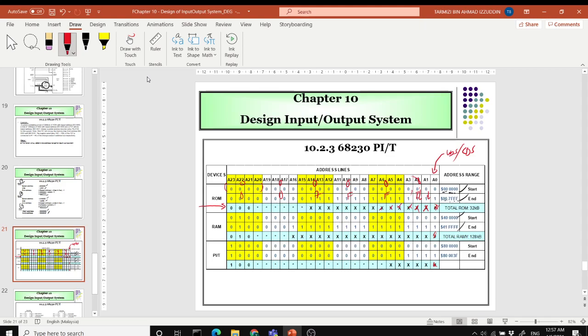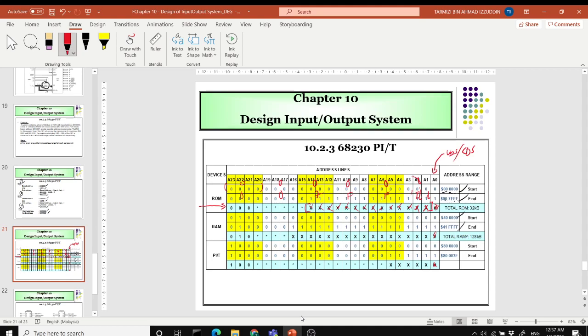So you have all of this part that changes. We're going to specify this as the pins that go on the address bus directly to the peripheral.